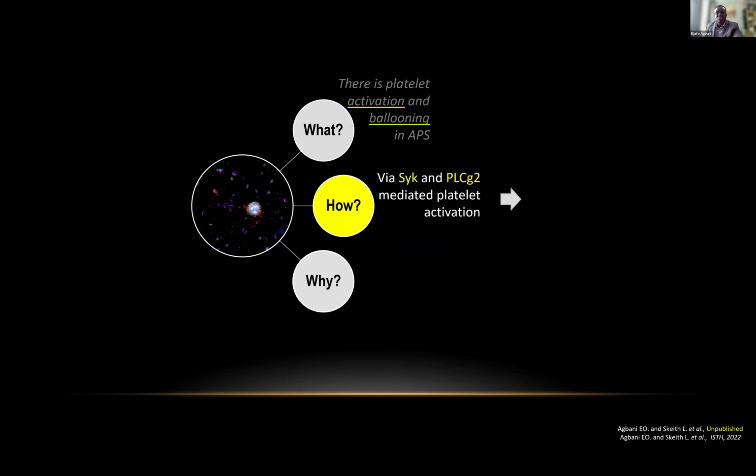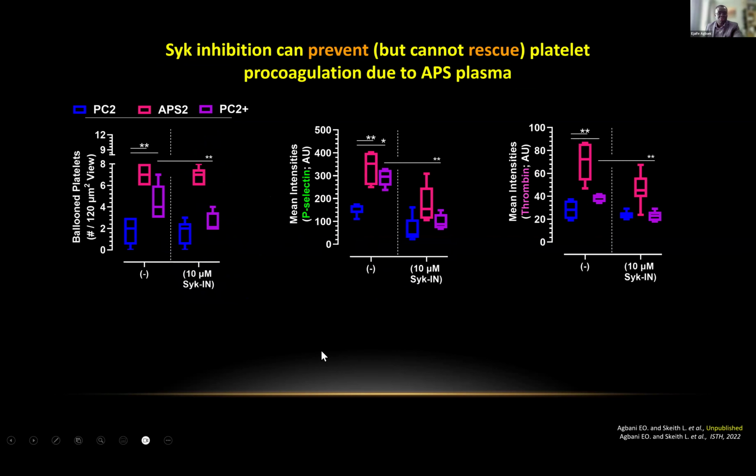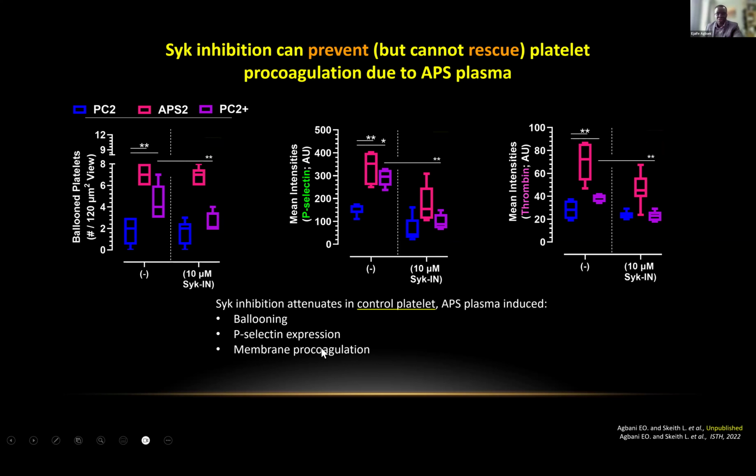So there is platelet activation. It's occurring via SYK and PLC-gamma2. But the big question is, can SYK inhibition control platelet procoagulation in APS? Right, I would say yes, because when you look at the data closely, in platelets stimulated with APS plasma, we see that SYK inhibition is able to control ballooning, P-selectin expression, and membrane procoagulation.